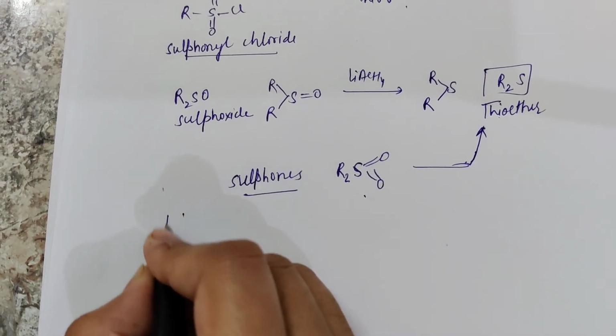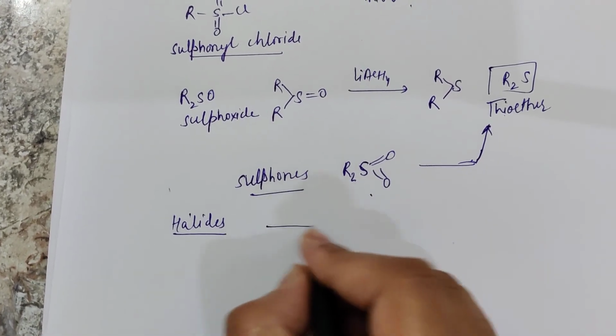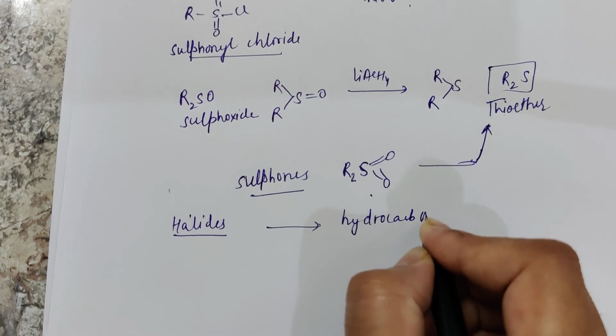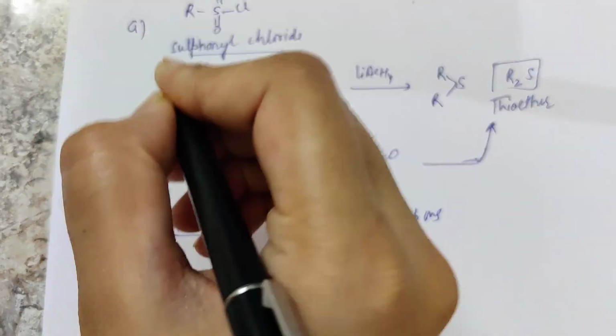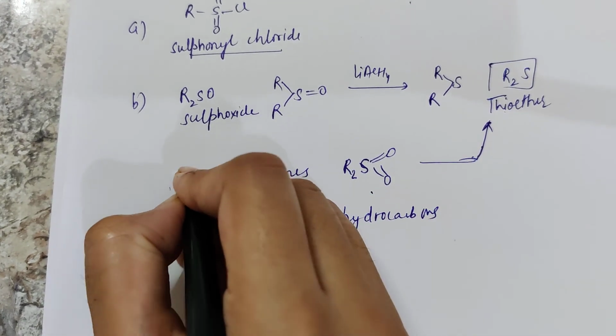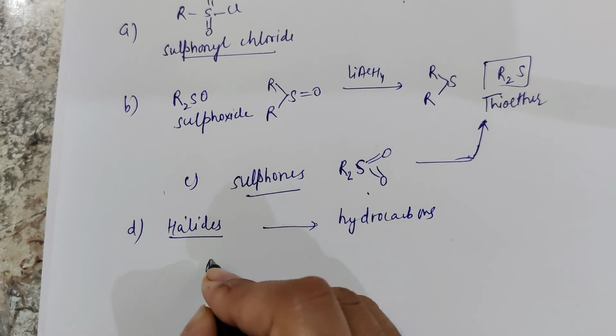If we talk about halides, halides get reduced to hydrocarbon. Sulfonyl chloride, sulfones, sulfoxides, halides. Halides form hydrocarbon.